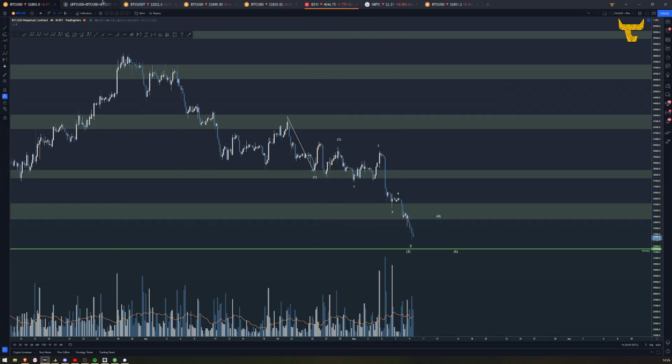We are into the target if we are just looking at the fib target. It worked really nicely. We reached a one extension, and we dipped into the retrace we expect for a flat, right? Flat.